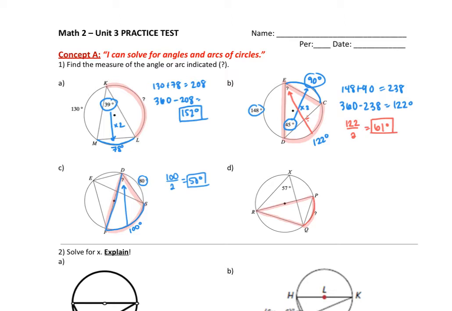The only information we're given is this 57-degree angle, which is this inscribed angle, so I can multiply that by 2. 57 times 2 is 114. Now that I have that, again, I see a diameter here. RP is a diameter, so I know that RQP is 180 degrees. To get the arc that I want, I can just do 180 minus 114, which is 66 degrees.